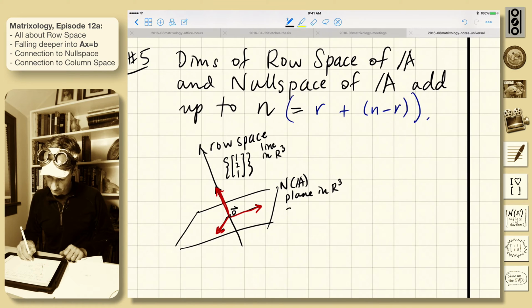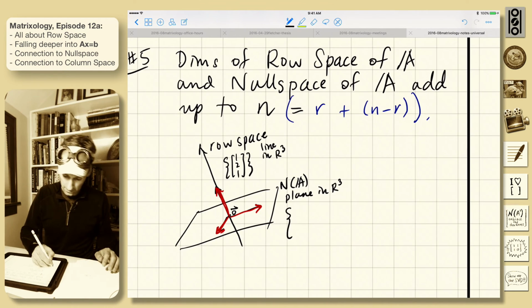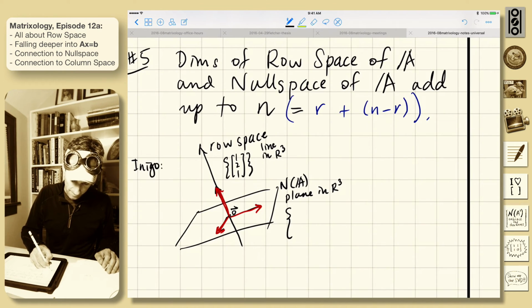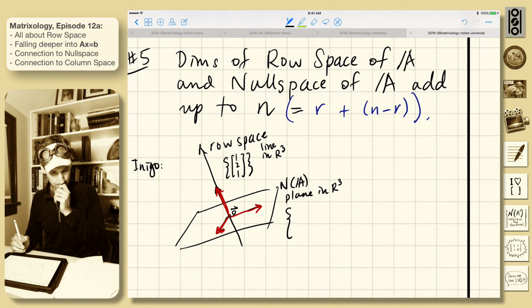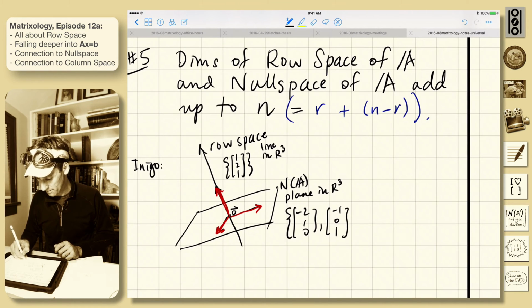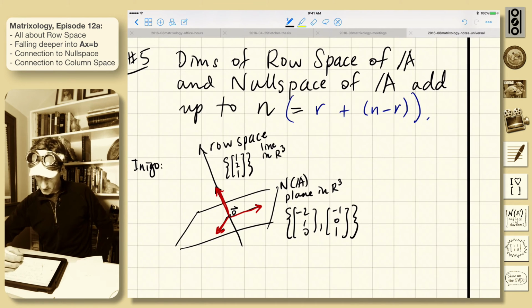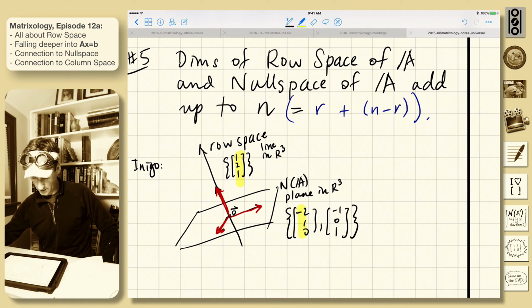So we know the basis for this one is minus 2, 1, 0, and minus 1, 0, 1. So we have two vectors. Look at them independently, right? These are at right angles. So this one, dot product with this one, inner product, minus 2, plus 0, right?